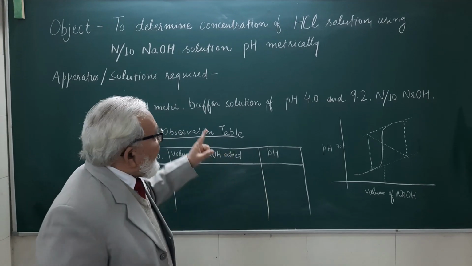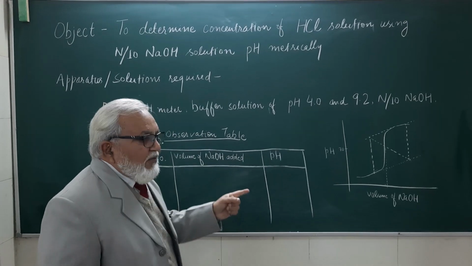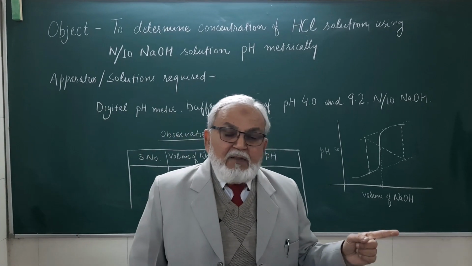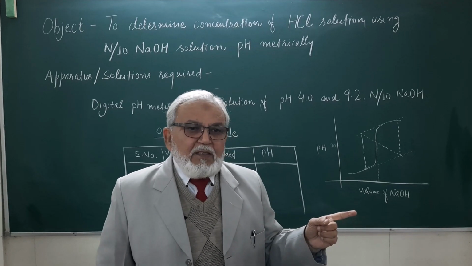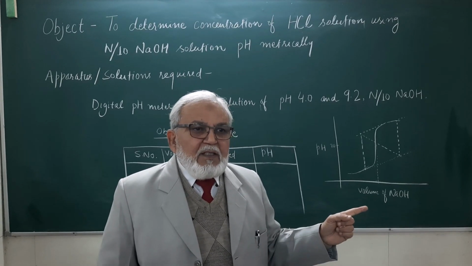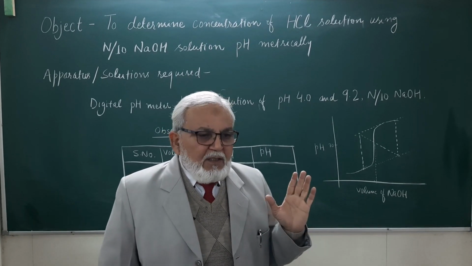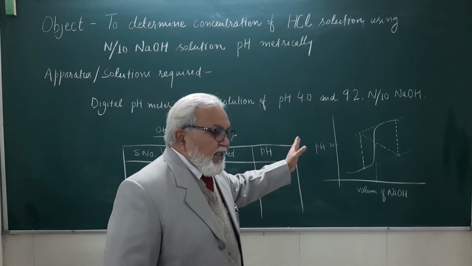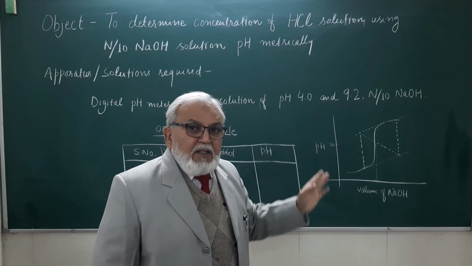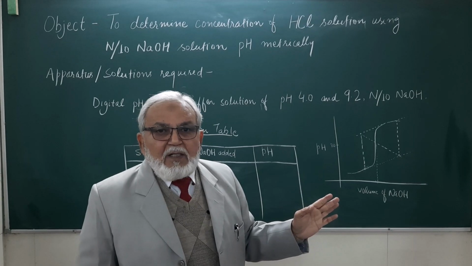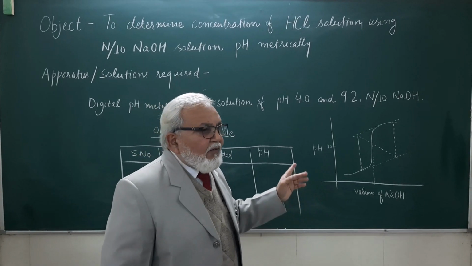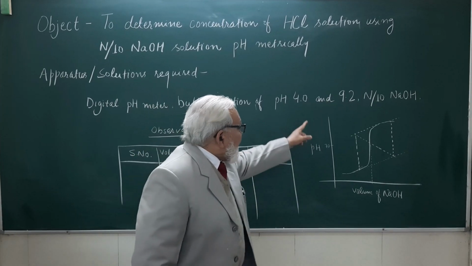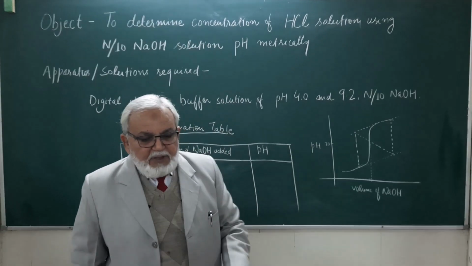So in this experiment, we will find the equivalence point without using an indicator. The end of the reaction will be marked by the neutralization of the solution, observed by the pH on this pH meter.